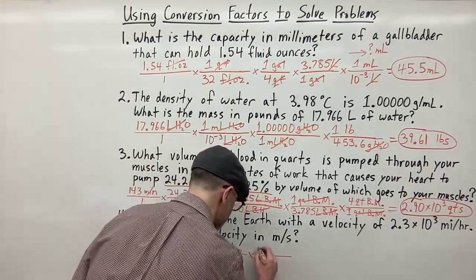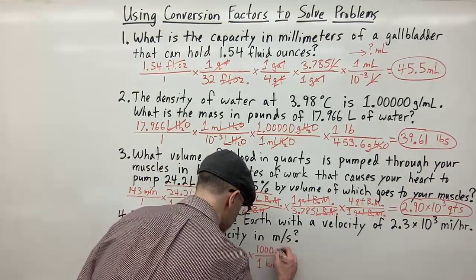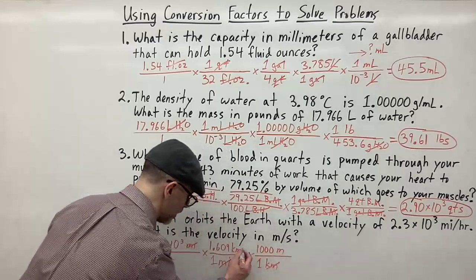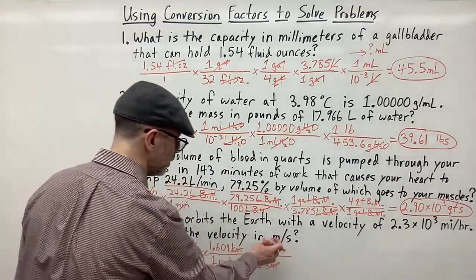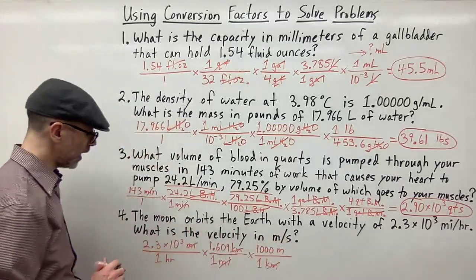So 1 kilometer is 1,000 meters. So kilometers cancels out. Now I have meters on top, which is what they want. So I'm done with the top now.